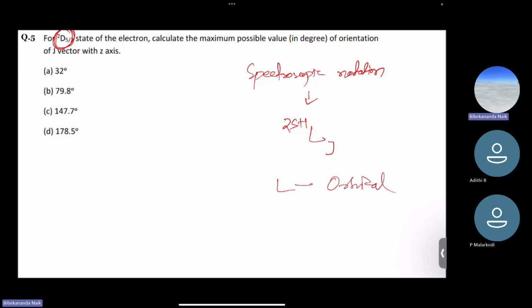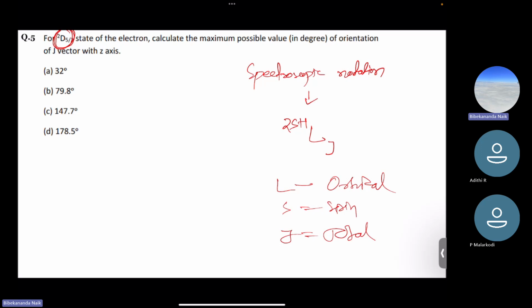Since it is the total quantum number, the values are capital. For capital L equal to 0, we have S, L equal to 1, we have P, L equal to 2, we have D, like that. So L corresponds to orbital, S is spin, and J is total.